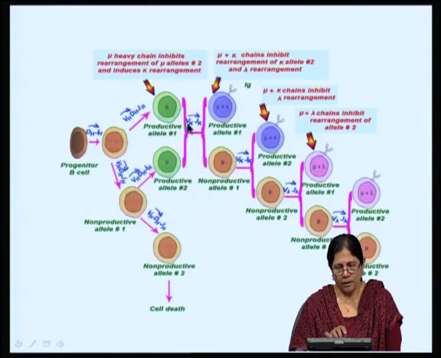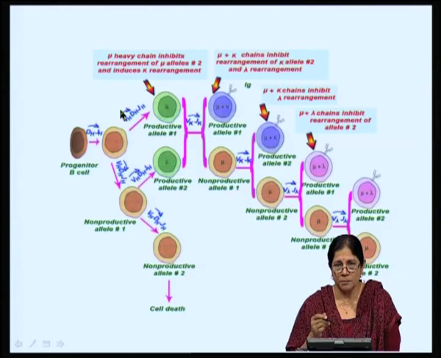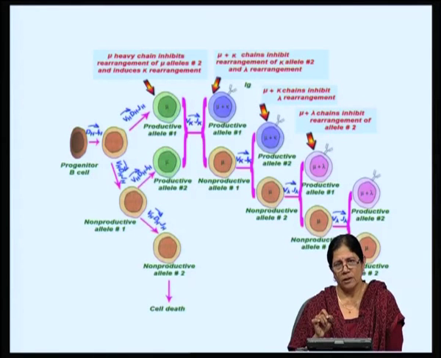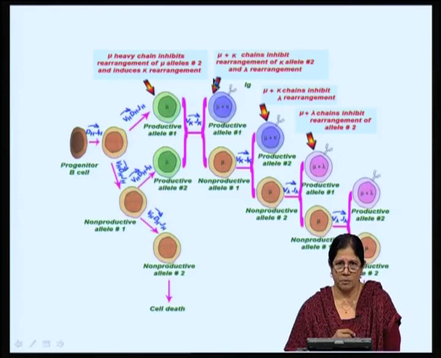Interestingly, only when VDJ recombination has taken place and the heavy chain transcription and translation happens, this can associate with, remember, the surrogate light chain. The surrogate light chain itself cannot recognize an antigen, but can associate with the heavy chain such that surface expression takes place.